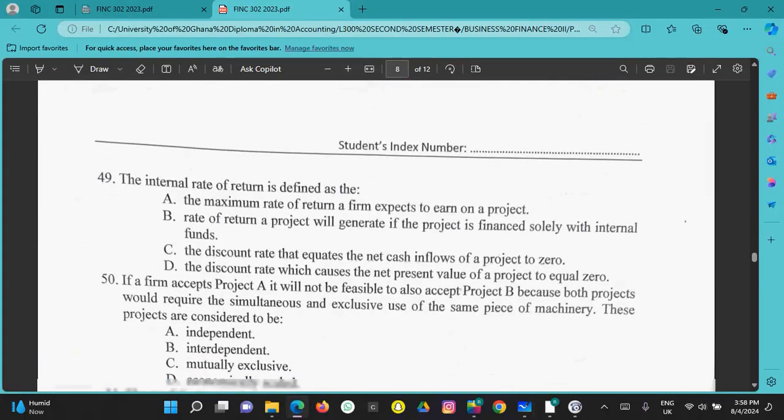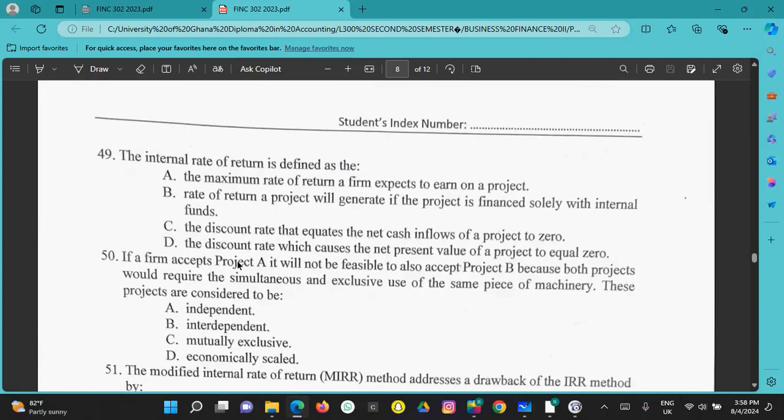The internal rate of return is defined as the discount rate which causes the net present value of a project to be equal to 0. So 49 is D.